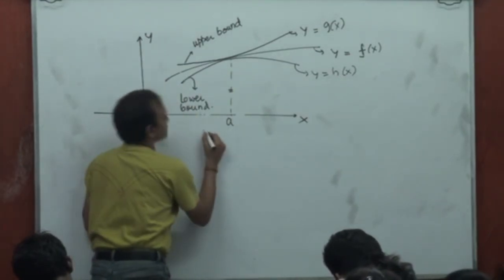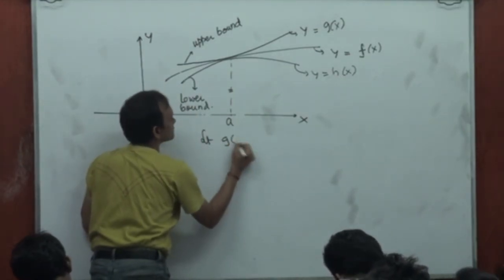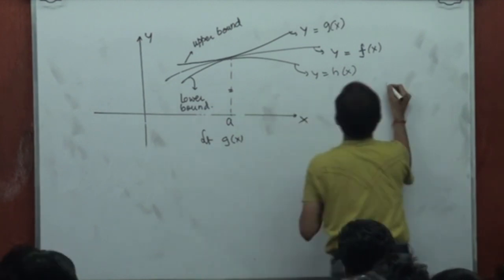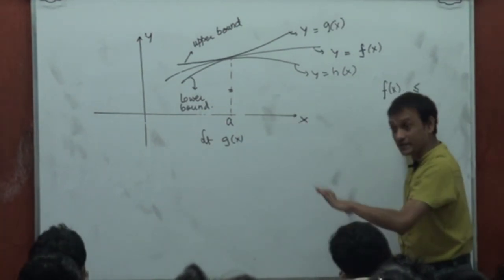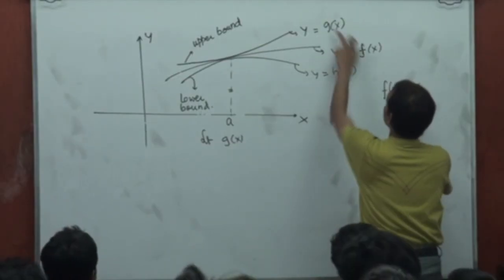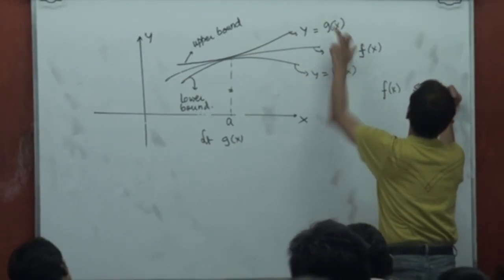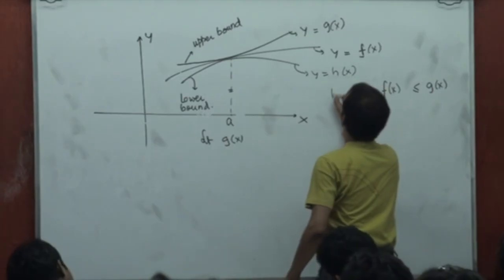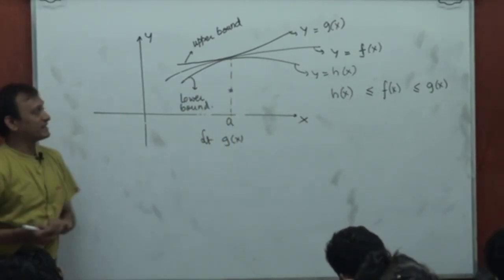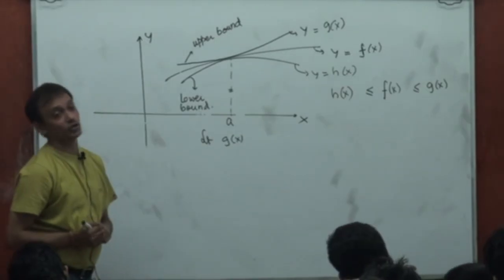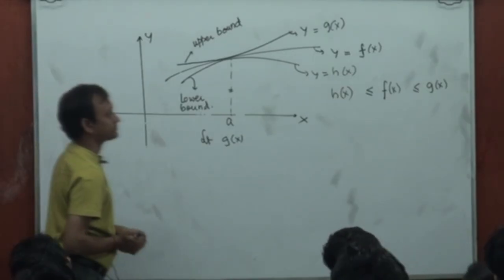So we have the following association. In the neighborhood of x equal to a, f(x) is less than or equal to g(x), but greater than or equal to h(x).